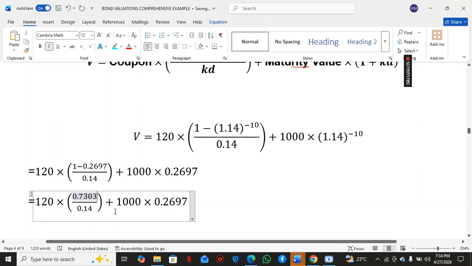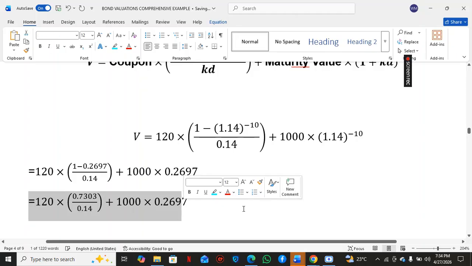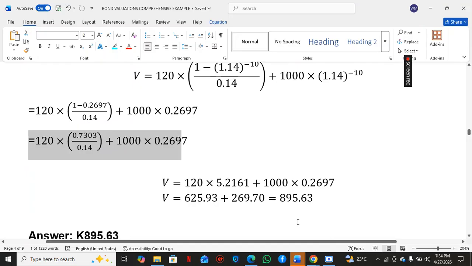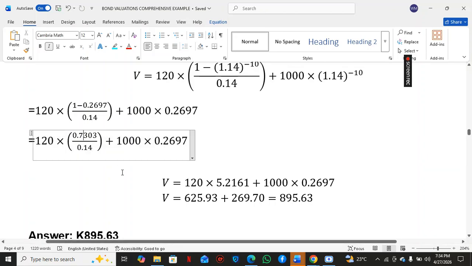Then 0.7303 divided by 0.14. Are we getting 5.216? When you do this division, it should give 5.216 something.